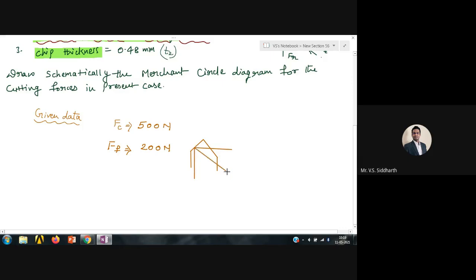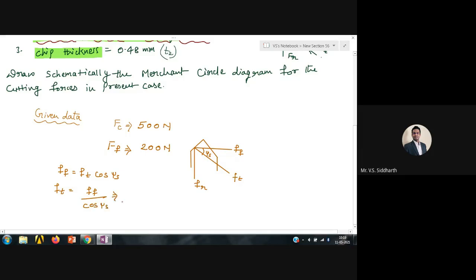And the resultant of these two forces is the thrust force. This is FT. This is FF. And this is FR. And this is psi s. Now, what is the relation between FT and FF? FF will be equal to FT cos psi s. Right? Now, what will be the value of FT? FT equals FF upon cos psi s.